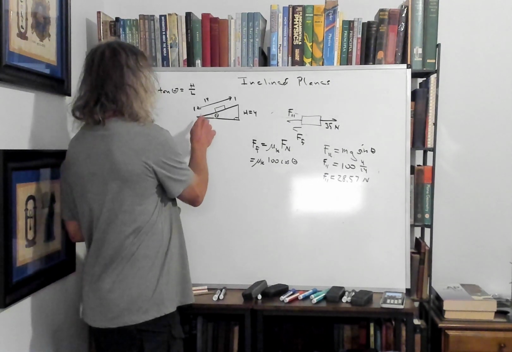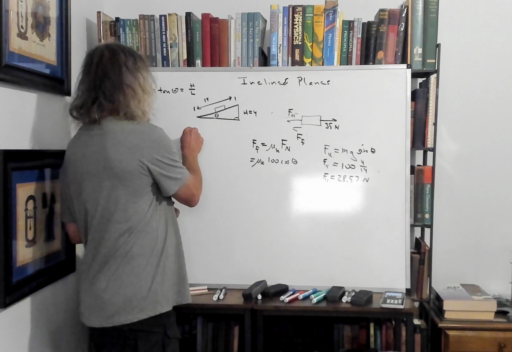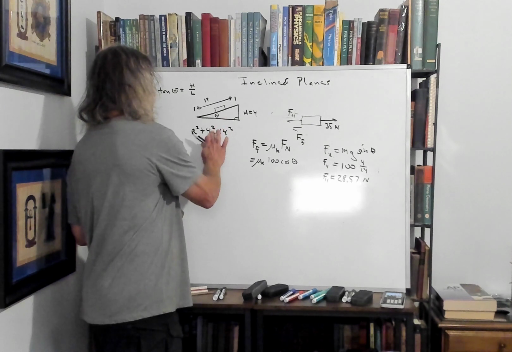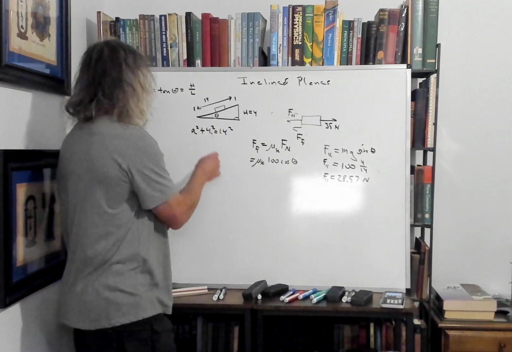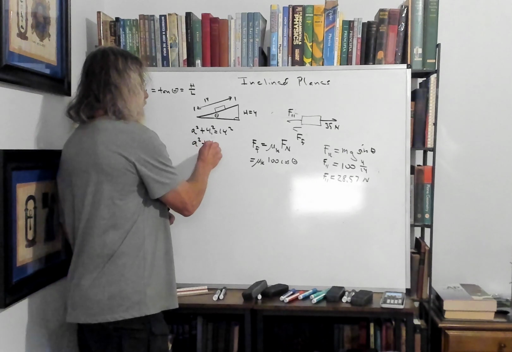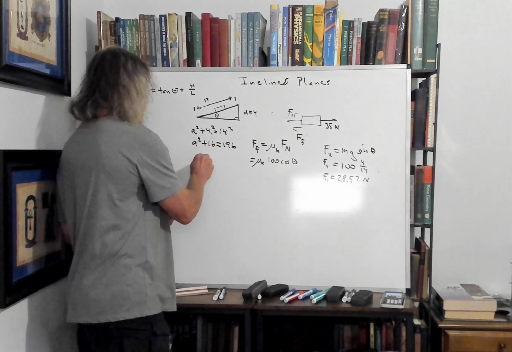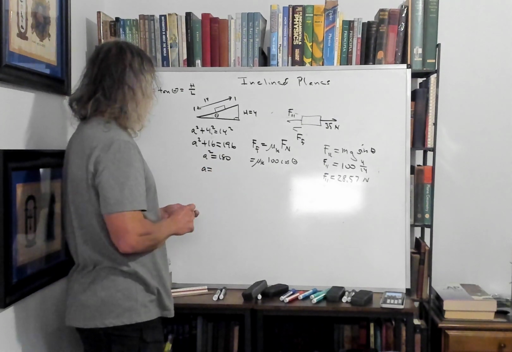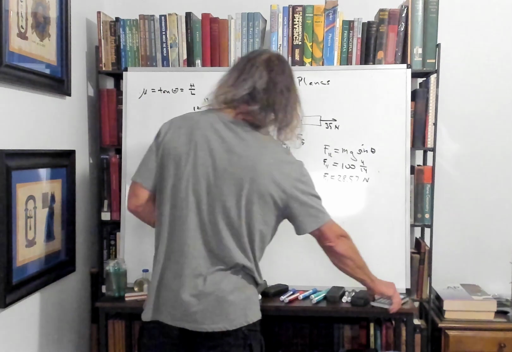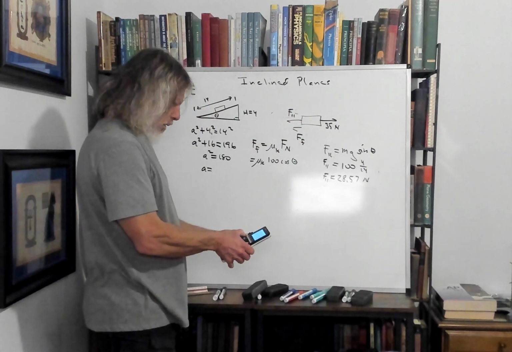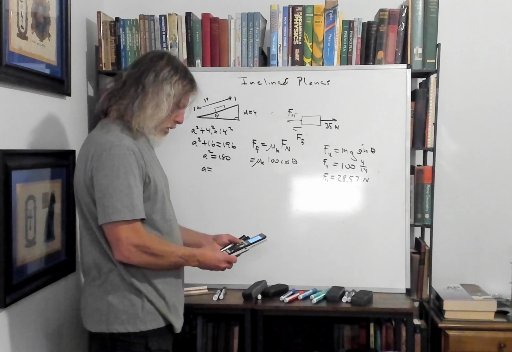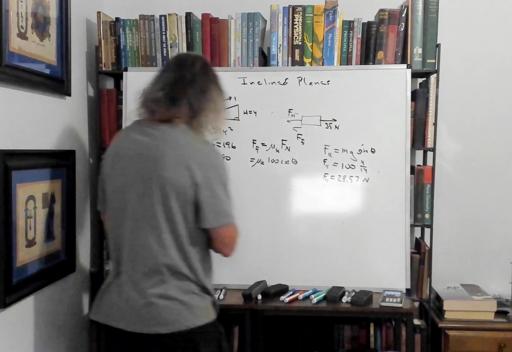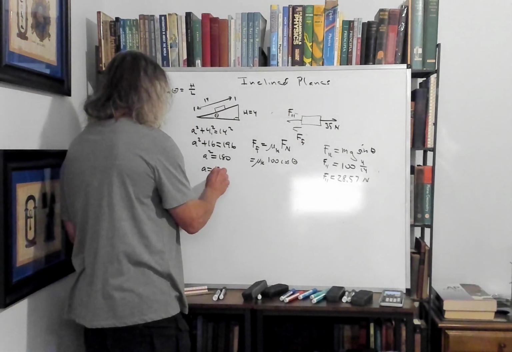So we get, let's call it a, a squared plus 4 squared is 14 squared. So a squared plus 16 is 196, a squared is 180. Square root of 180 is about 13.4.